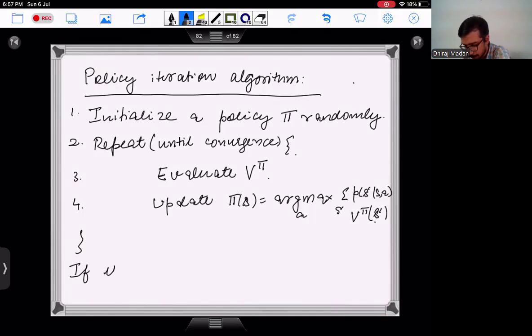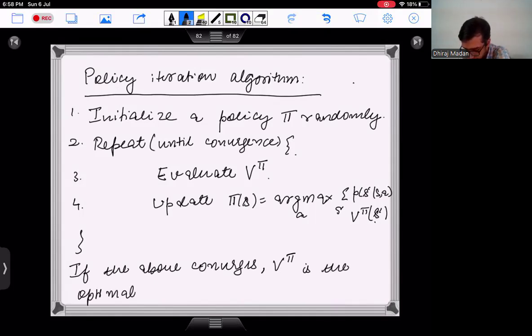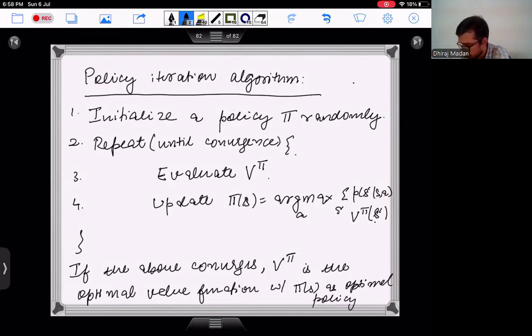So if the above converges, then V pi is the optimal value function, with pi as optimal policy. This is our policy iteration algorithm, and we have seen that if it converges, we get an optimal policy as well.